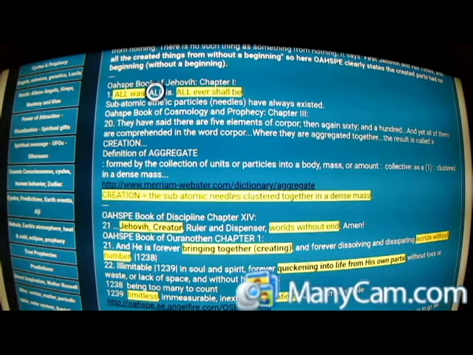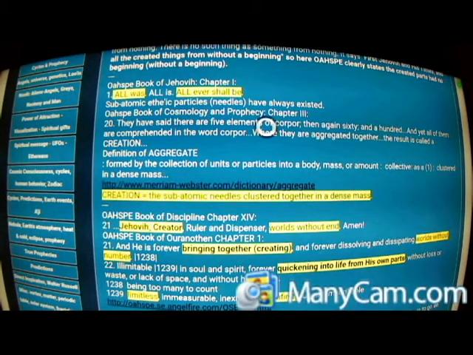Oahspe, Book of Jehovah, chapter 1, verse 1 says, all was, all is, all ever shall be. And below that I wrote, subatomic etheric particles, needles, have always existed. Oahspe, Book of Cosmology and Prophecy, chapter 3, verse 20.